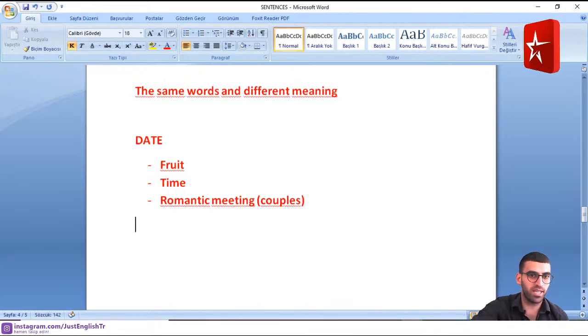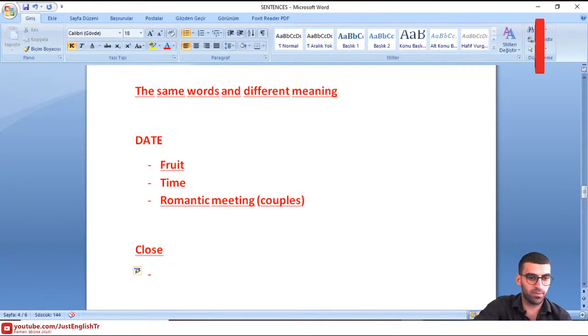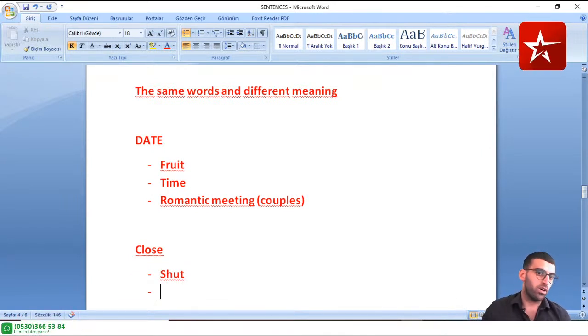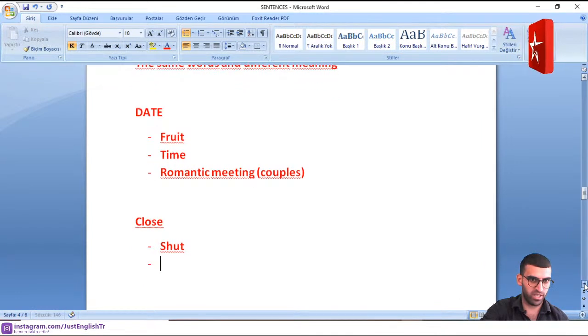Can you tell me another word which has different meanings? For example, close. How can we use close? The first meaning is to shut the door, close the door.